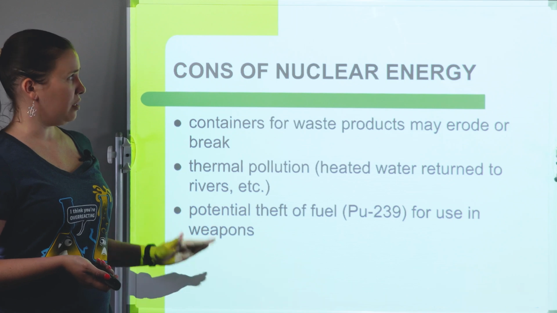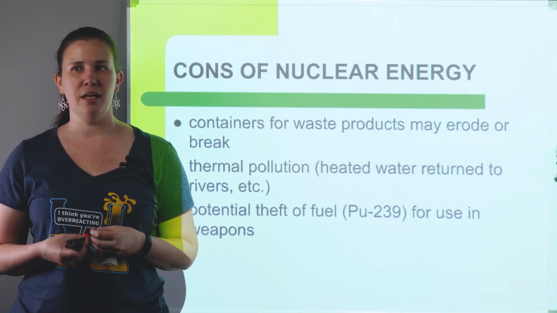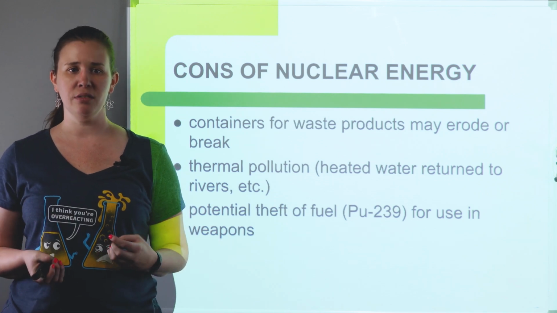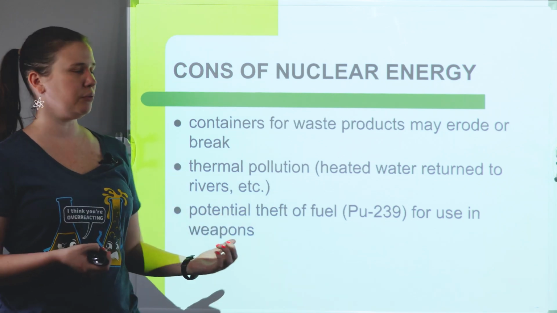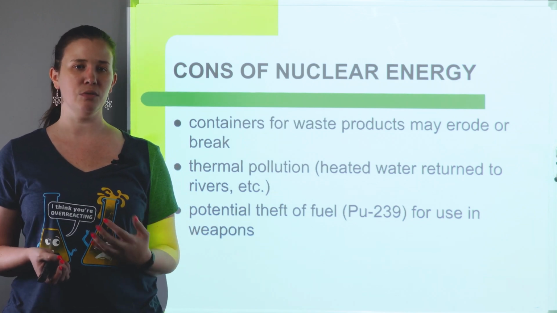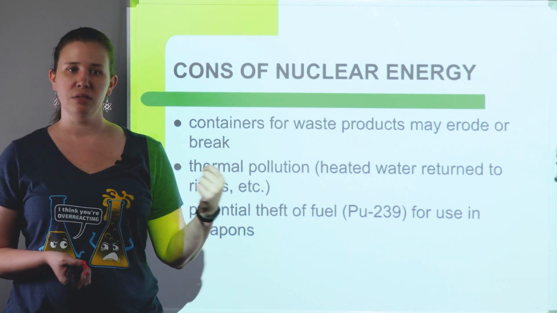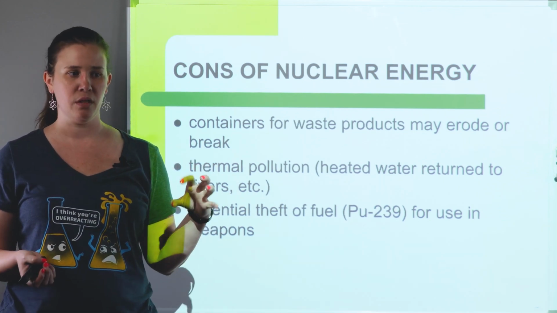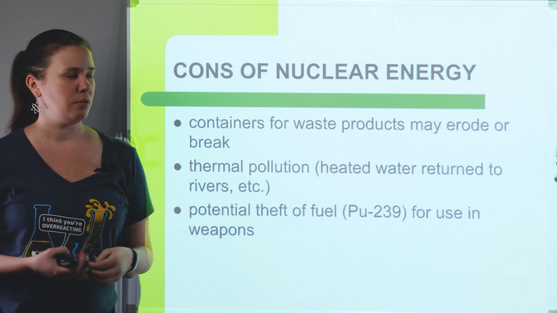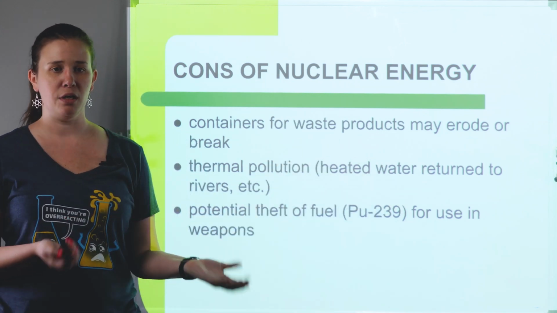The other negative side effect or negative possibility, the con for nuclear energy, is that some people have bad intentions. So it is possible for the fuel pins themselves to become hazardous due to intentional human behavior, possibly stealing the fuel or attacking one of the nuclear reactors themselves. So that could possibly, not just by mistake, but on purpose, create meltdowns.